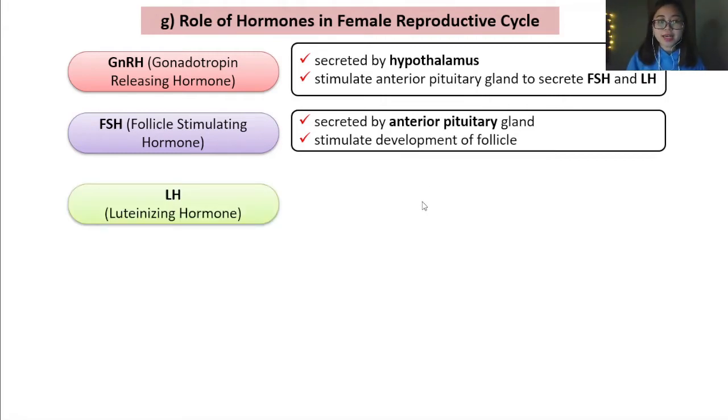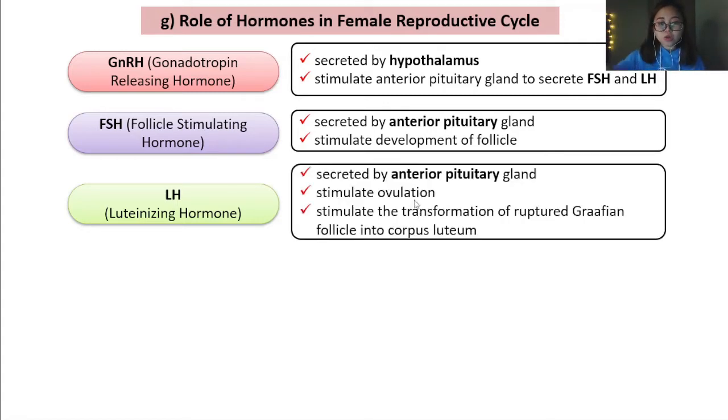The third hormone that is involved is luteinizing hormone, LH. It is also secreted by the anterior pituitary gland, and the function of luteinizing hormone is to stimulate ovulation, to cause ovulation. And another function is to stimulate transformation of ruptured Graafian follicle into corpus luteum.